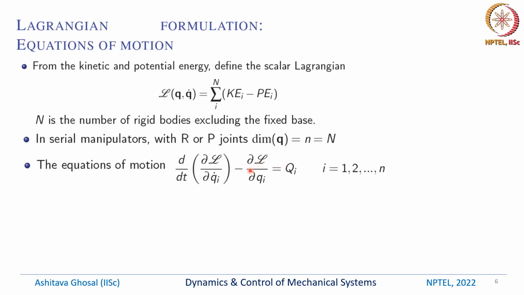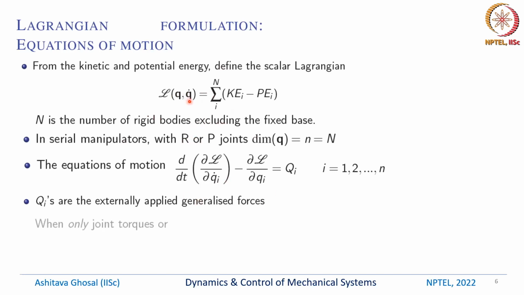So this is partial with respect to q_i. The Lagrangian will be a function of both the generalized coordinates and also the derivatives of the generalized coordinates. Remember, the potential energy will contain only some position vector, so it will be a function of q_i. But the kinetic energy will be a function of q dots also.